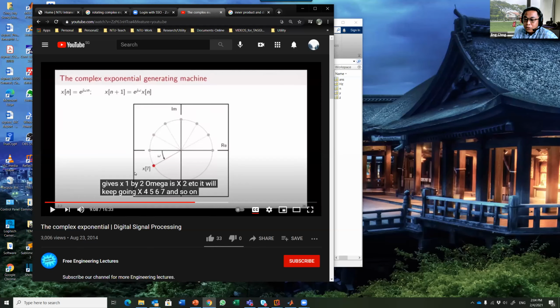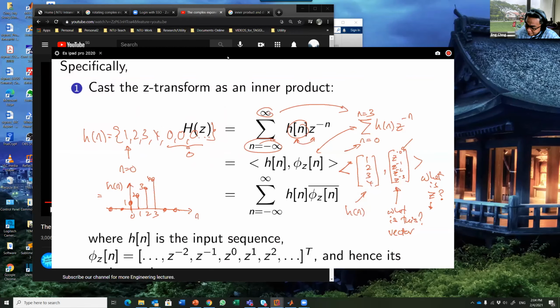Now, if you reach this point, you realize that our friend just plotted for me x0 to x7. Let's come back here. What do I need? I need z0 to z3. Because what is z? In Vitaly's example, z is 1 e^(j omega).